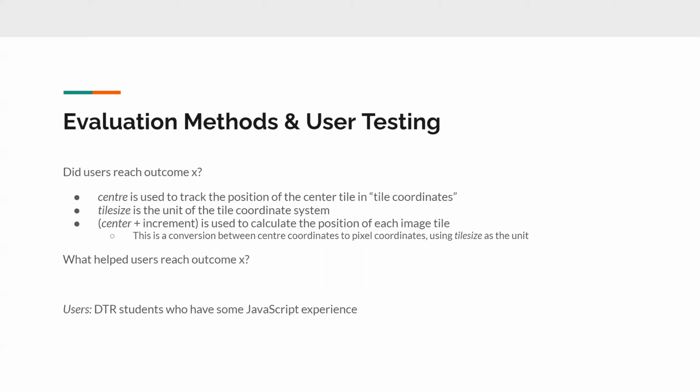And finally, I really wanted to understand if they do reach these outcomes, which of these features or original features help them reach these outcomes. And to test this, I had DTR students who had some JavaScript experience use the prototype, and I used that to get data and my findings.